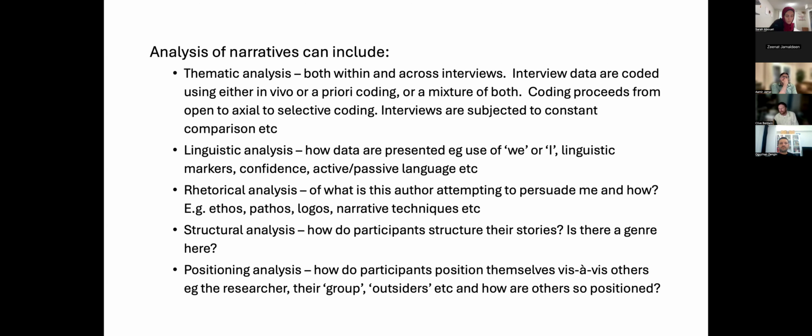But I'm thinking of a piece of research I did on individuals who identify as other than human. So they identify as animals or fictitious mythical creatures or whatever.